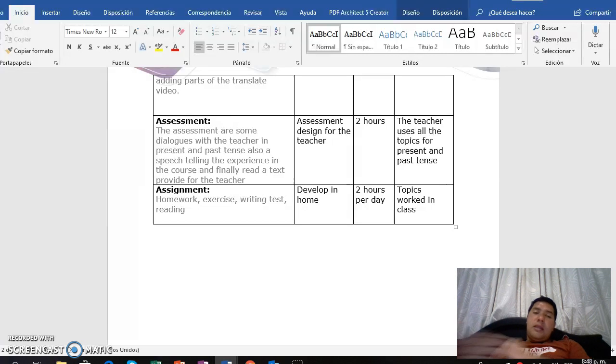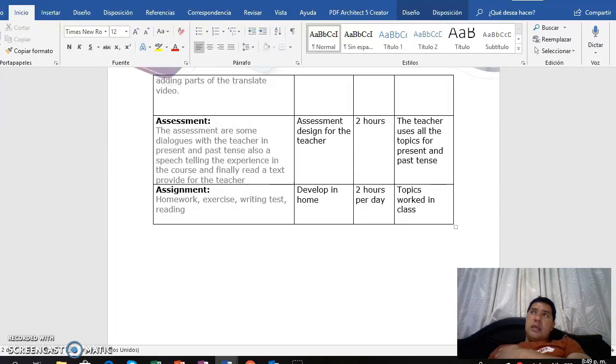And then finally, the assignment. In the assignment we see the homework and exercises at home, writing tests, and readings at home, and all this is developed by the student.